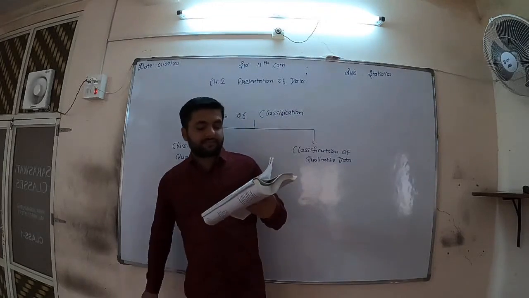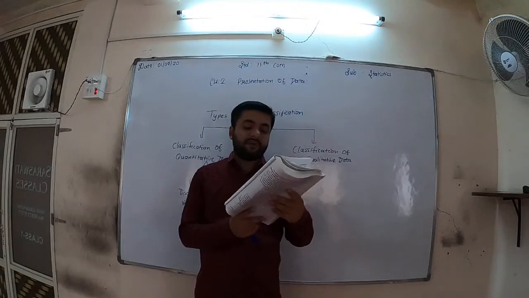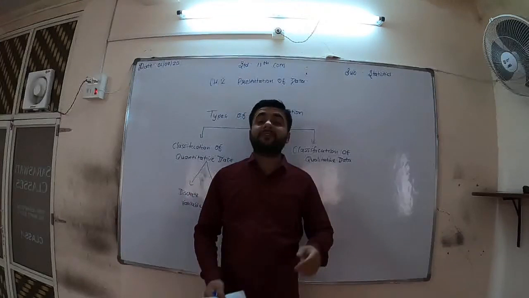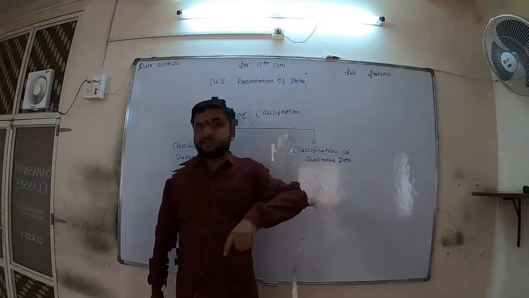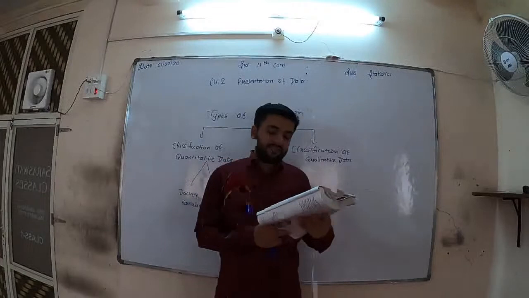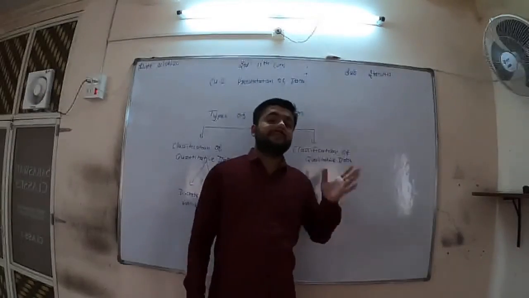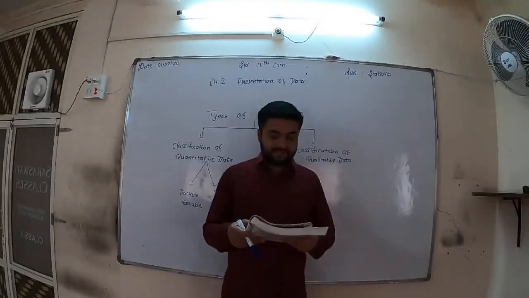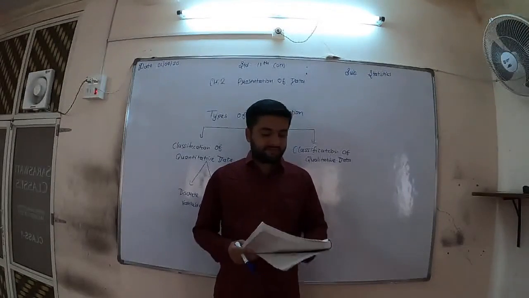Okay, then next, a table showing various possible values of discrete variable with their respective frequency is called discrete frequency distribution. Okay friends, yes, again examples are given, they are not required.